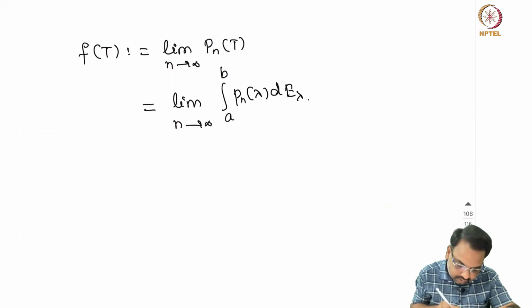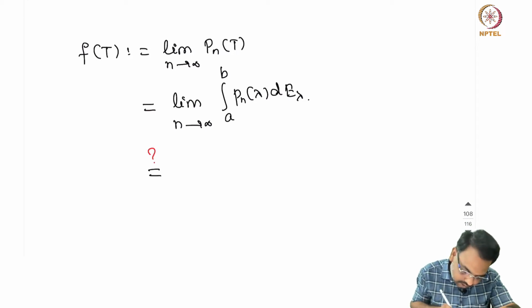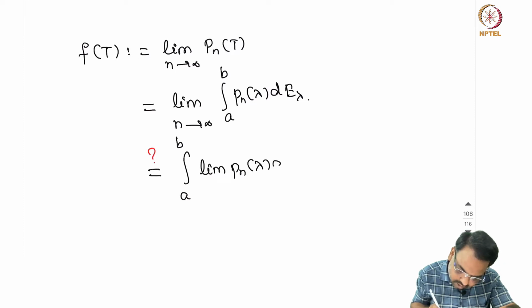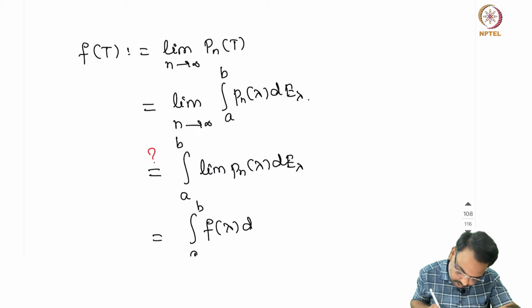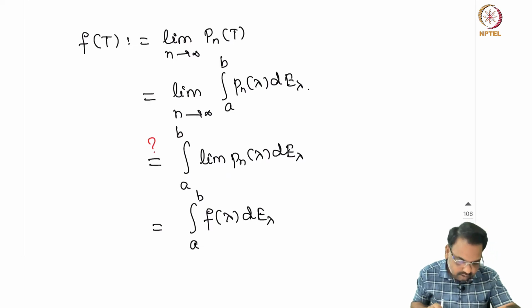This we already know. Now we can ask the question, can we say that this is equal to the integral from a to b of the limit of Pn lambda dE lambda, and this in turn becomes equal to the integral of f of lambda dE lambda. Okay, so can we define it in this way?